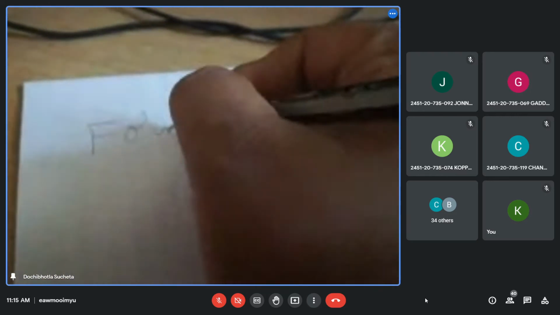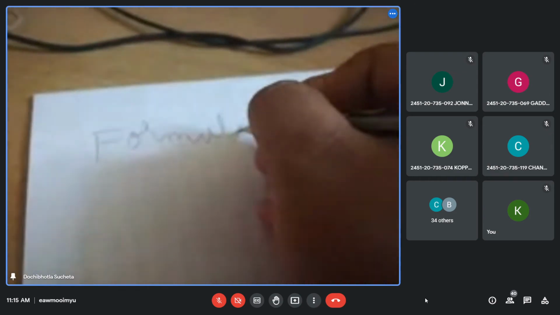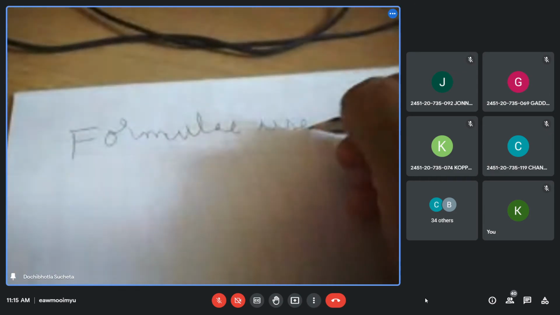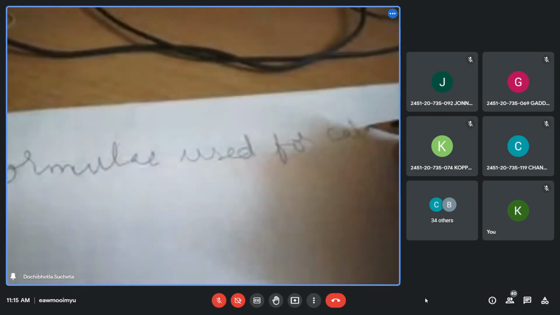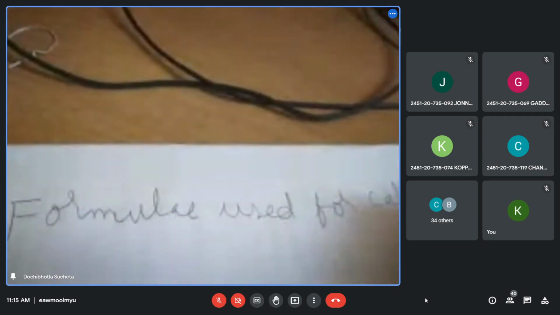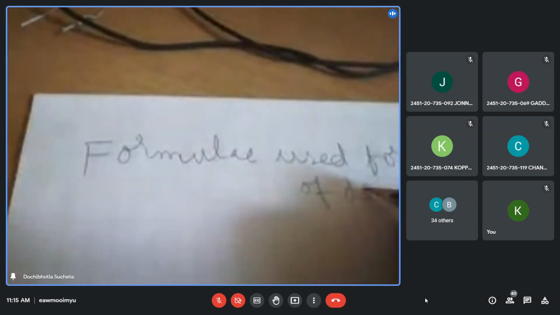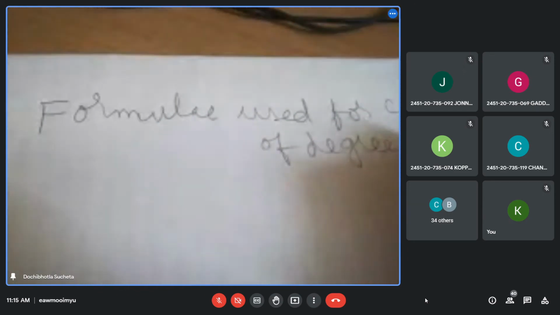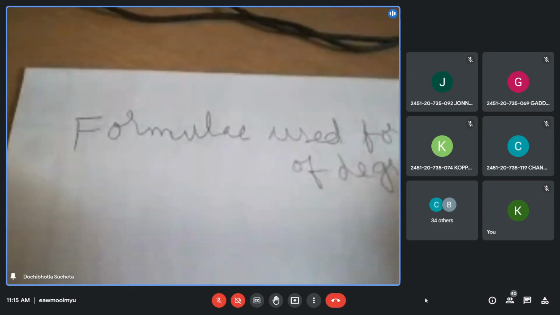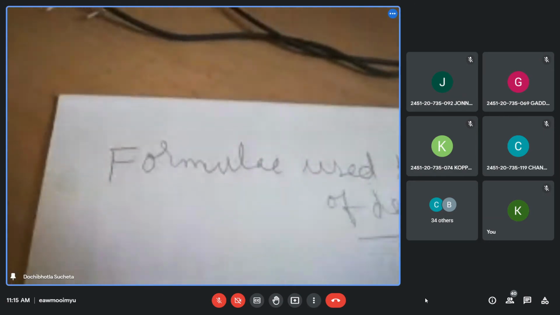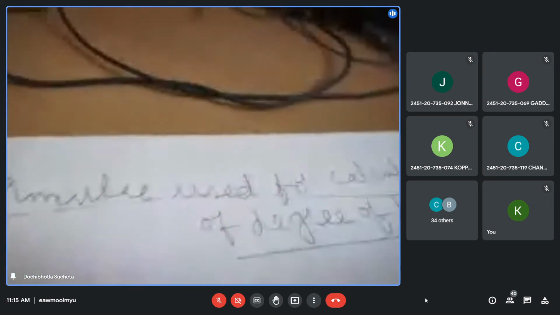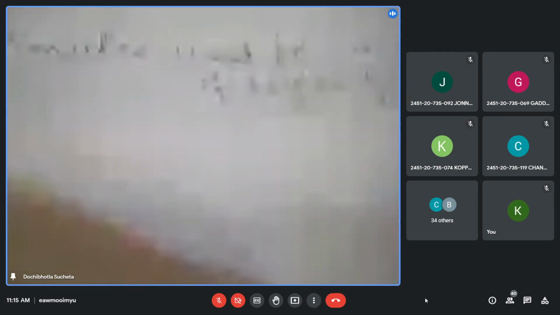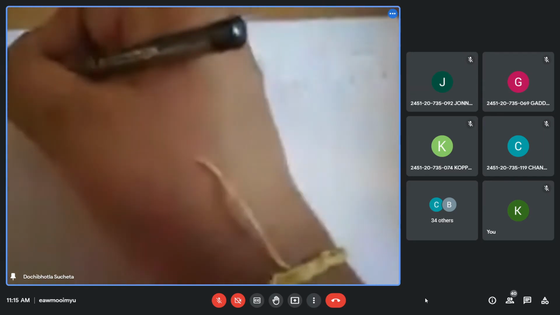Formulae used for calculation of degree of hardness. Formula used for the calculation of degree of hardness. Okay, it's an important one. Put a star mark.